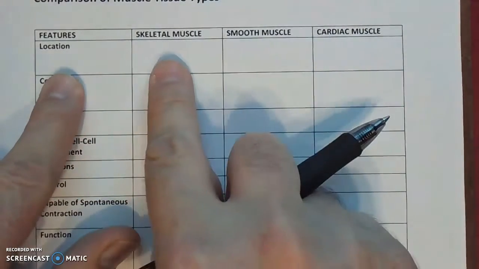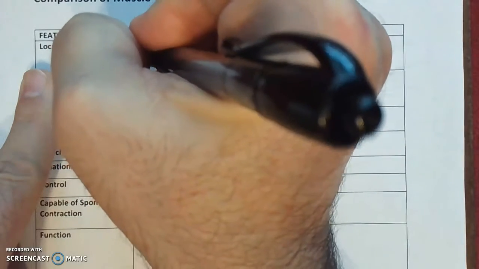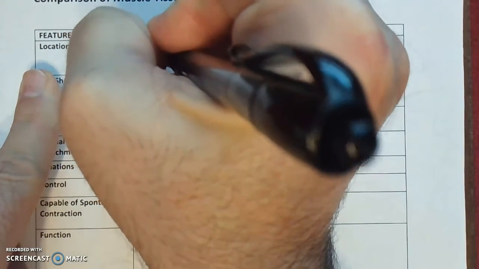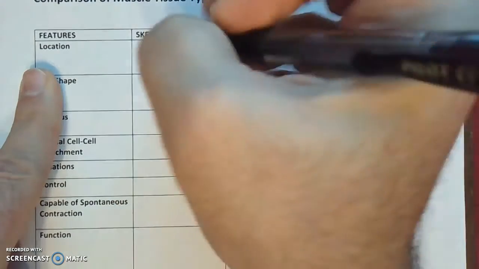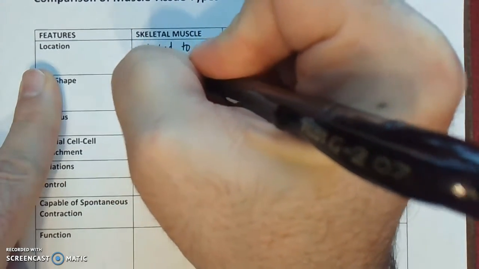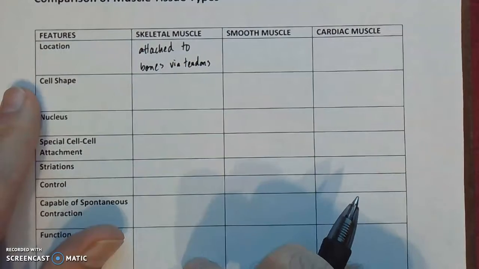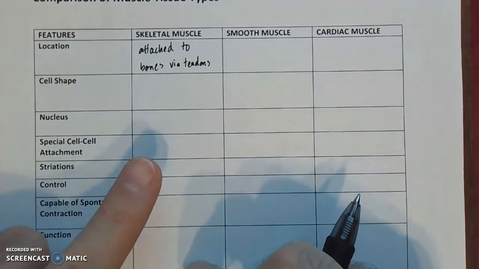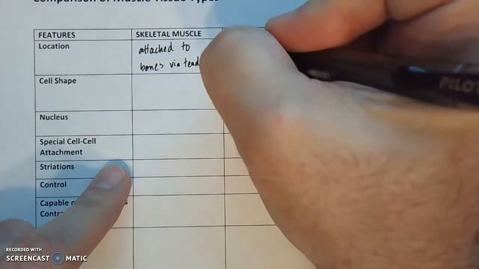So, skeletal muscle, the location. It is attached to bones, and that would be via tendons. So tendons are the connection between muscles and bones. Smooth muscle is found throughout the body.